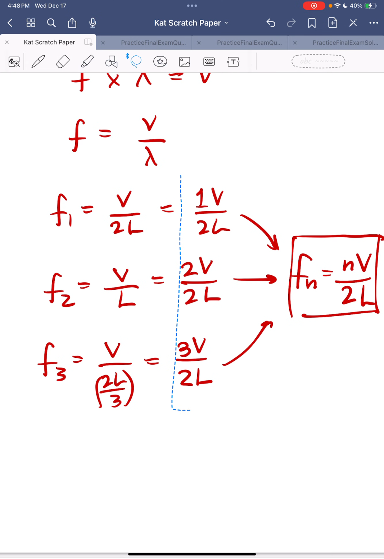Now you can look at these equations and see a pattern. It's always some number of v, so it's 1v, or 2v, or 3v, but it's always divided by 2L.